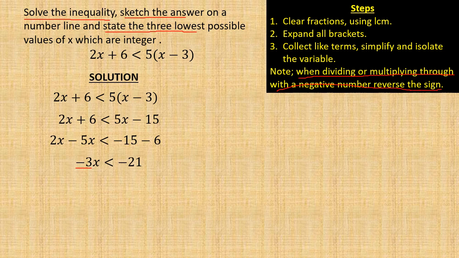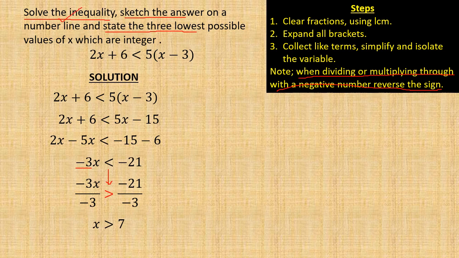So we divide both sides by minus 3 and we reverse the sign immediately. No longer less than, but what? Greater than. Now minus 3 cancels out minus 3 and we have x to be greater than 7. With that, we are done with the first aspect of the work, which is solve the inequality.